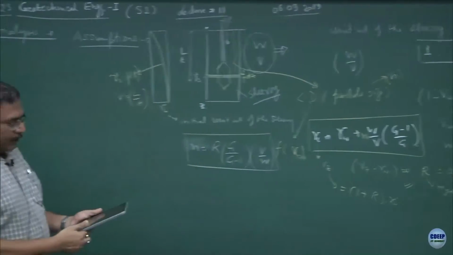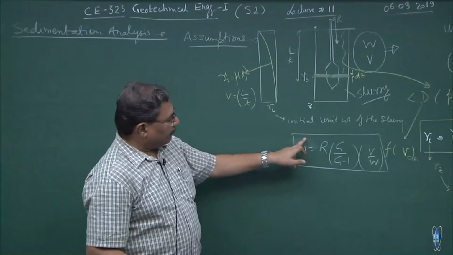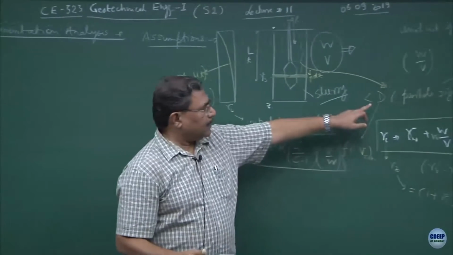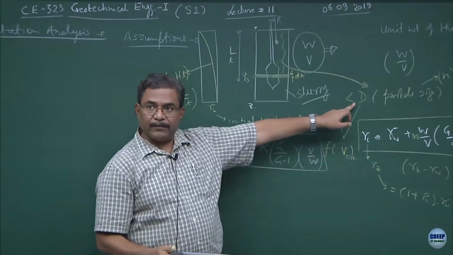From hydrometer analysis, what we wanted to do is we wanted to get the N. N is the fraction of the particles which are less than d diameter. Is this okay?